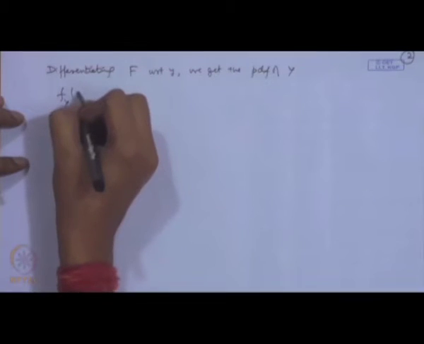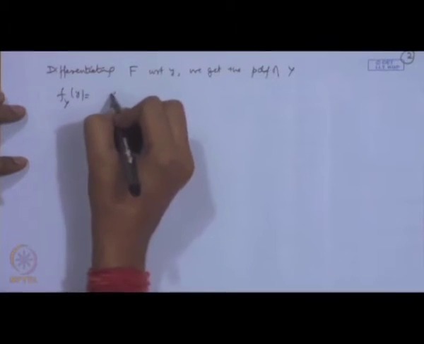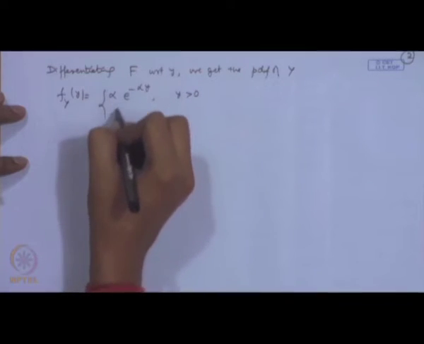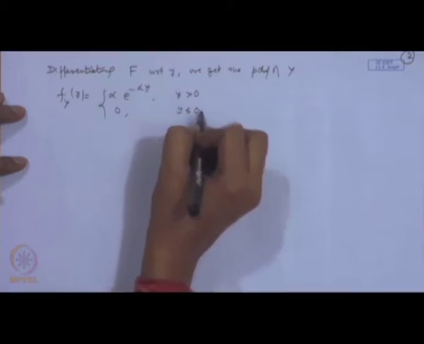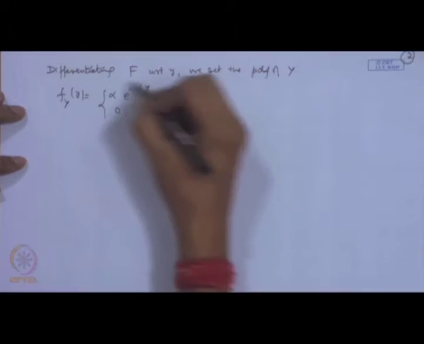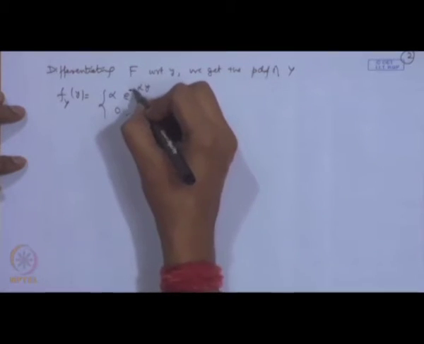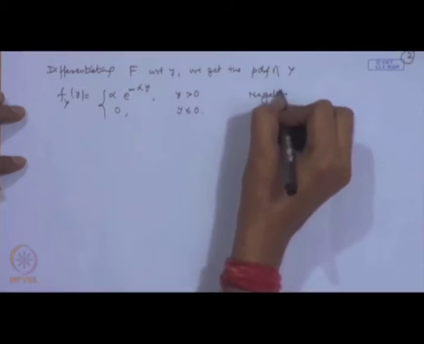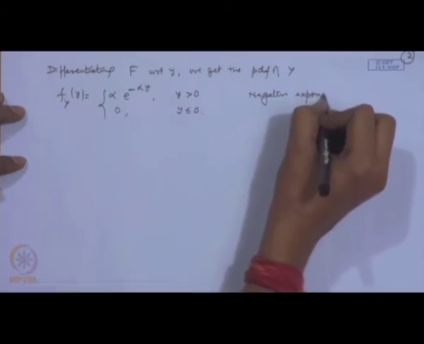That is equal to f_Y(y) equal to alpha e to the power minus alpha y for y greater than 0, and it is 0 for y less than or equal to 0. This is called the exponential distribution, and since there is a negative term in the exponent, this is actually called a negative exponential distribution.